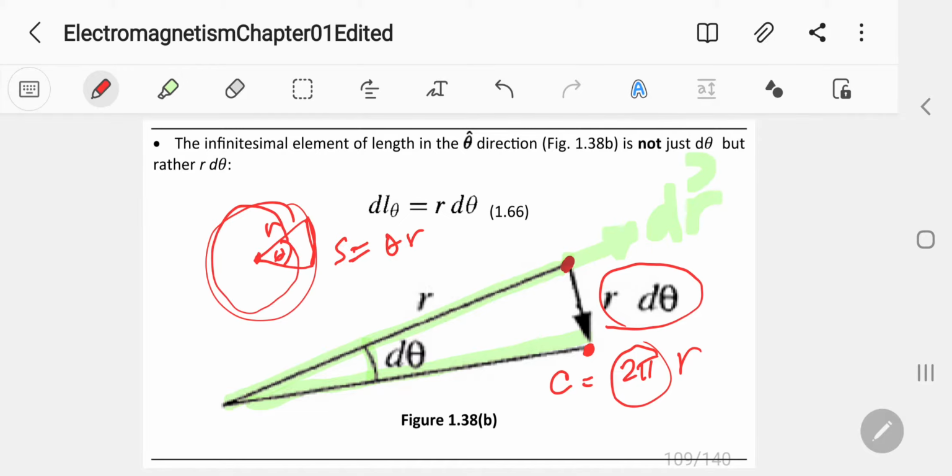It takes time to do that, and you can prove it by yourself. If you are able to do that, then you'll find that the gradient can be written as this one, and the divergence can also be written as this one, the curl, and of course the Laplacian.